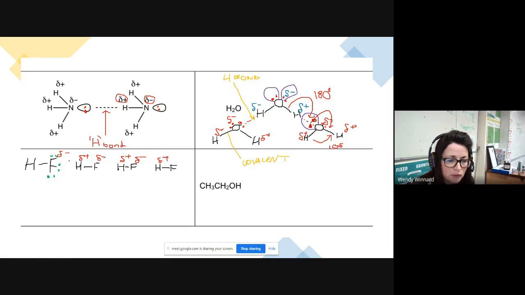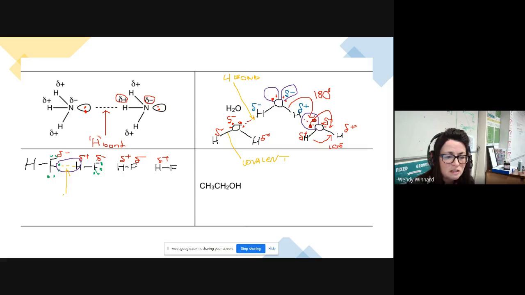So I'm going to put some bunny ears on this lone pair here. But don't forget it's got 3 lone pairs. So don't forget on every fluorine, put your 3 lone pairs, including the one that the hydrogen goes into. So there's 1 hydrogen bond. I'm going to draw a dotted line there. There's your H bond.